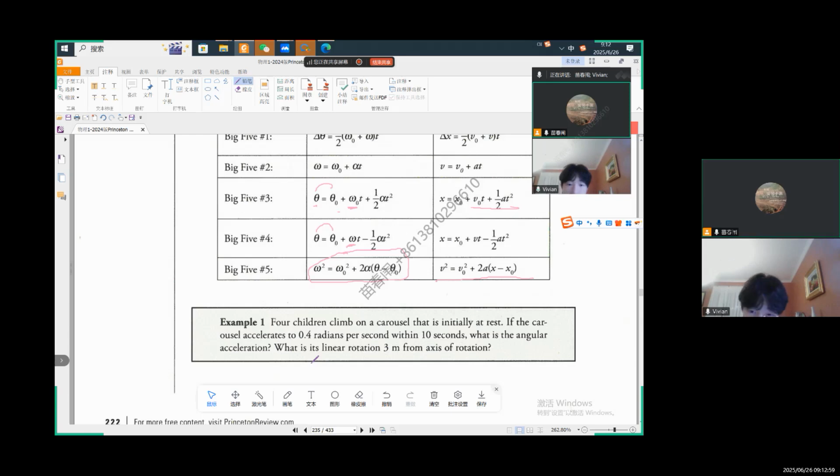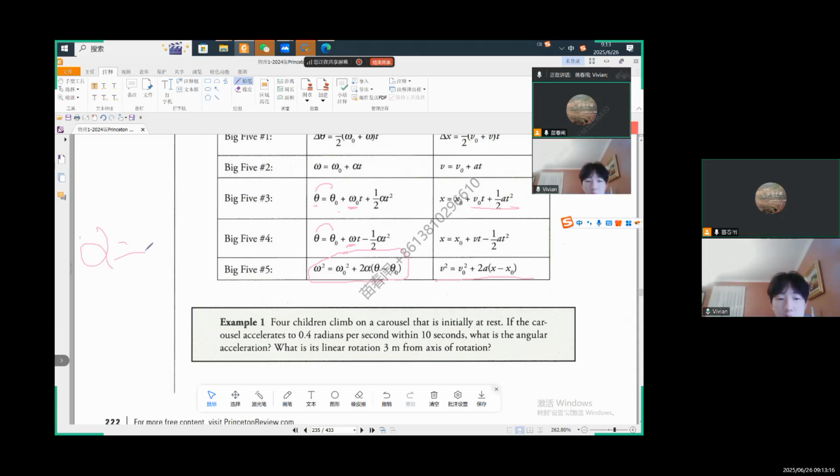Angular acceleration. Angular acceleration is alpha, right? Okay.